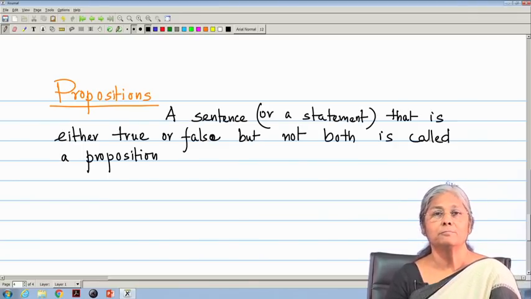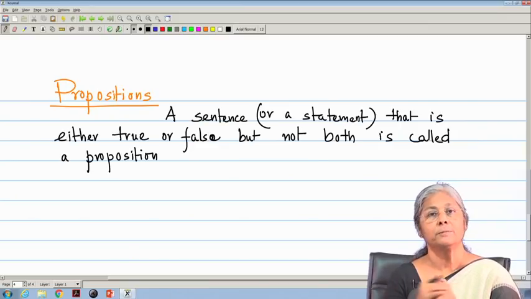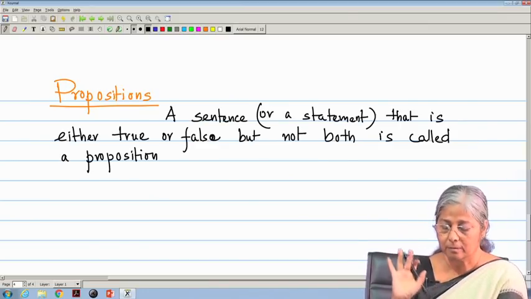We see some very simple examples, so that our concept about the proposition is clear.